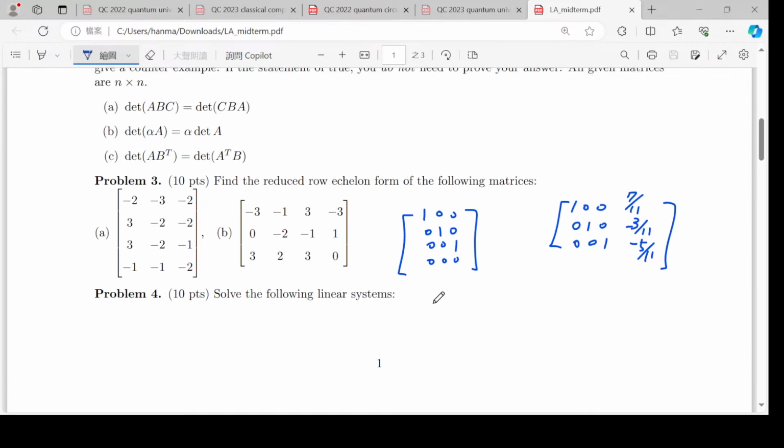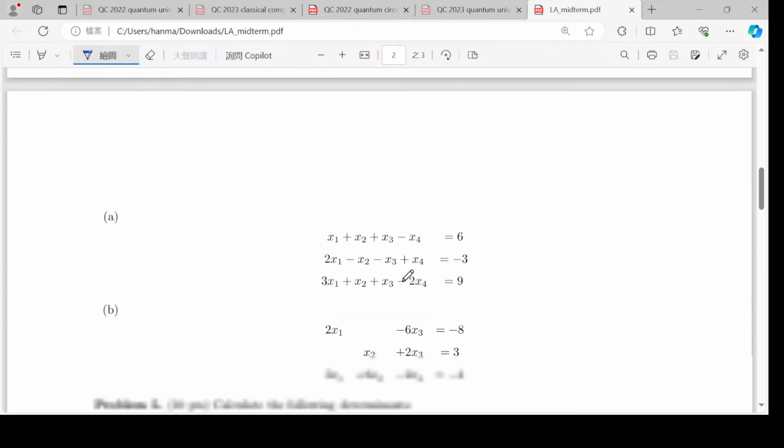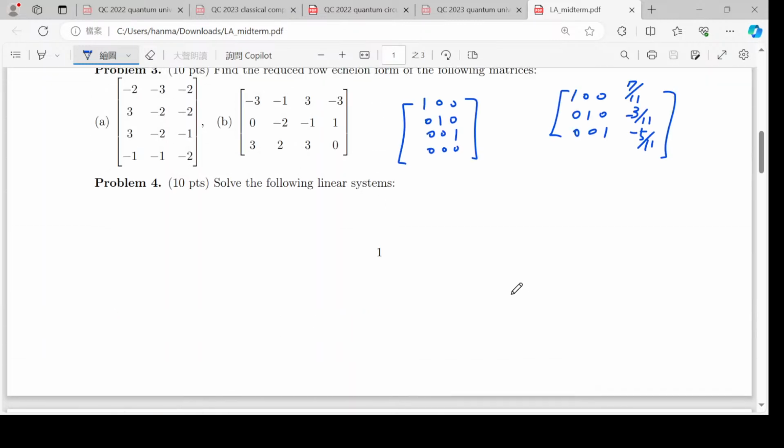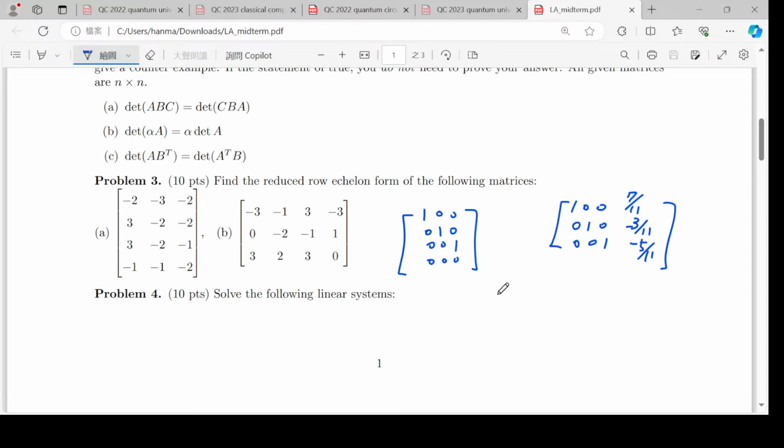You need to do Gaussian elimination to find the reduced row echelon form, and you can use it to solve linear systems. People mostly know what they should be doing, but are still making mistakes in their calculations, so just be careful.